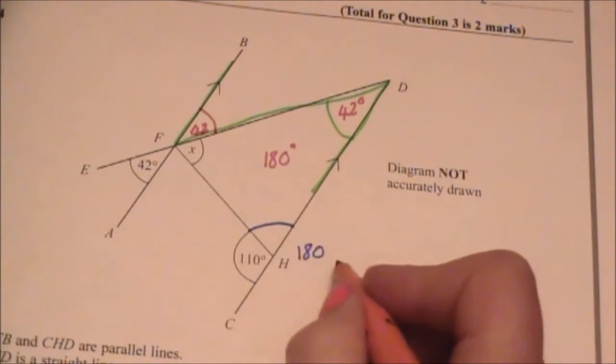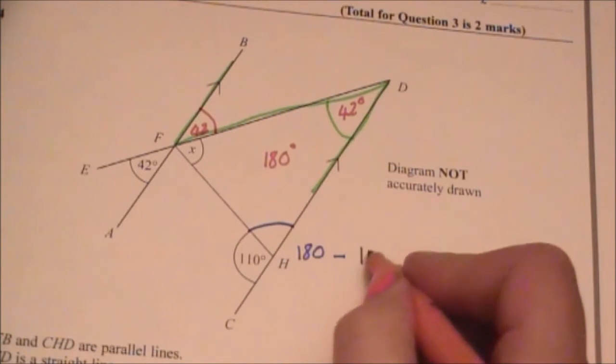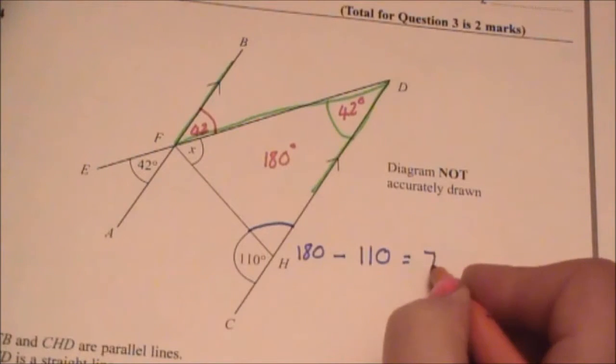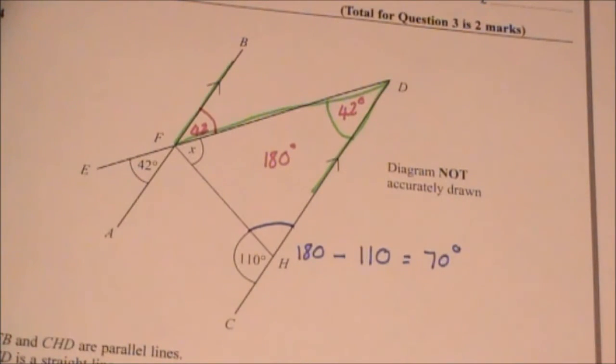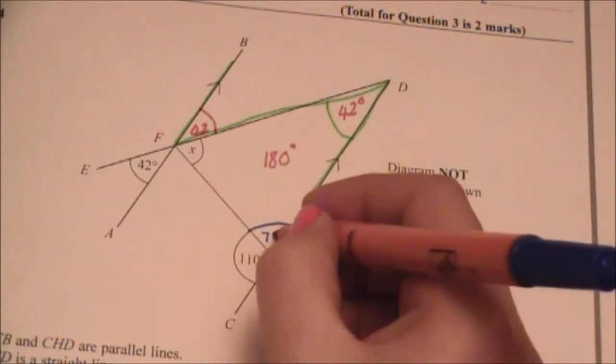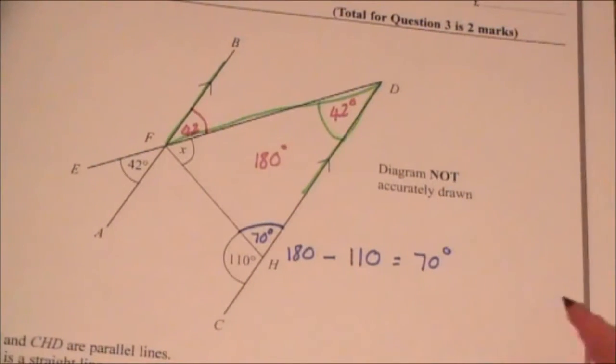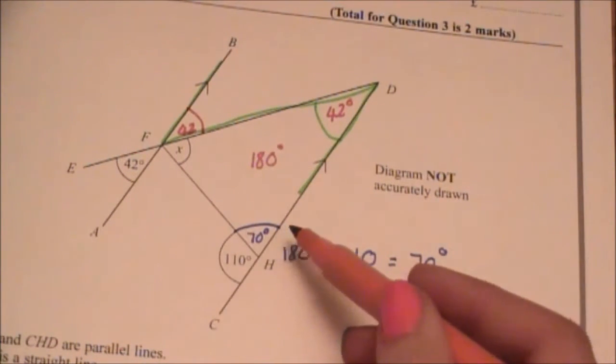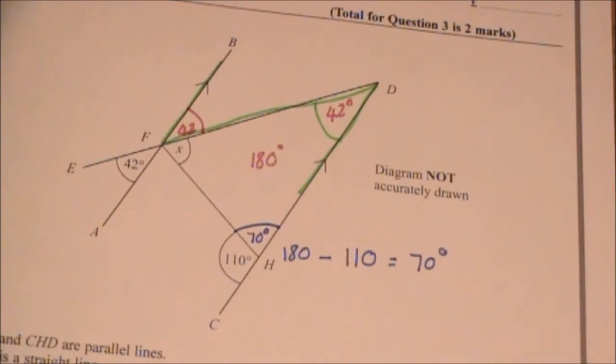So my first bit of working out is going to be 180 degrees. Take away that 110 degrees, leaves me with 70 degrees. So I know this angle here is 70 degrees. If I did need a reason, it would be because angles on a straight line equal 180 degrees.